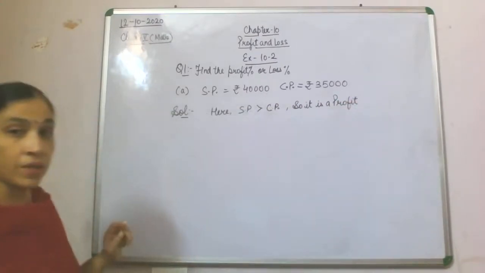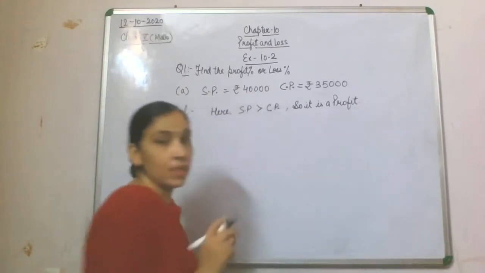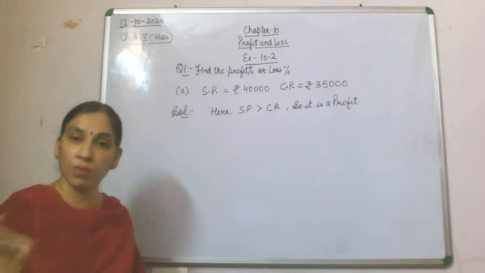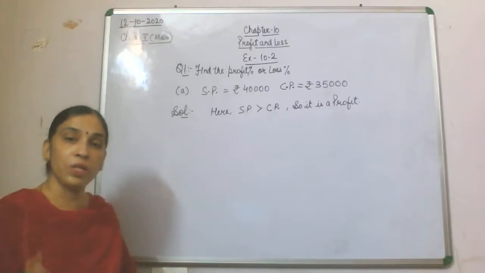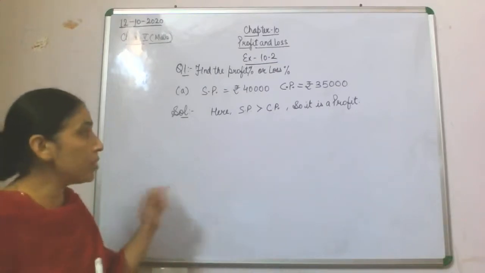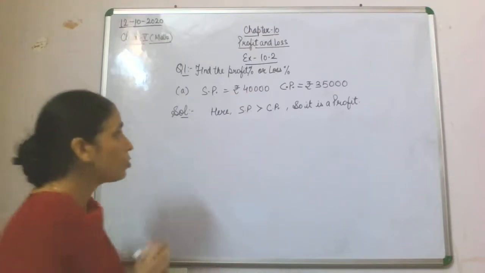See why I have written this. Now you will ask that, ma'am, in the examples you have not written this, because in the examples it is already given that find the profit percent, find the loss percent. When it is not mentioned whether you are getting profit or loss, then you have to mention that here selling price is greater than cost price, so it is a profit.